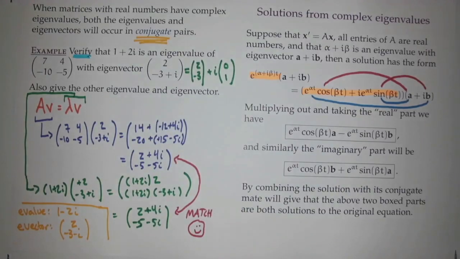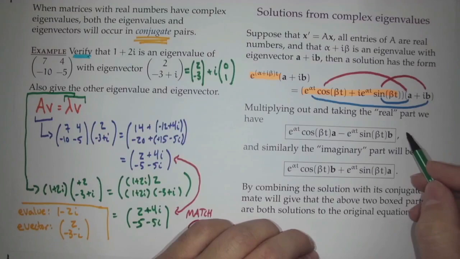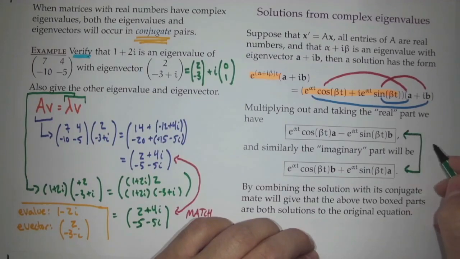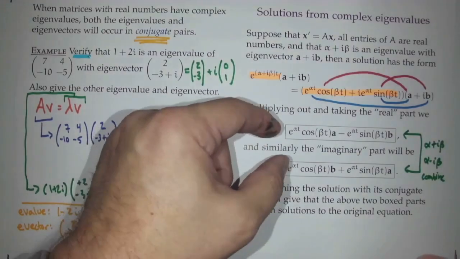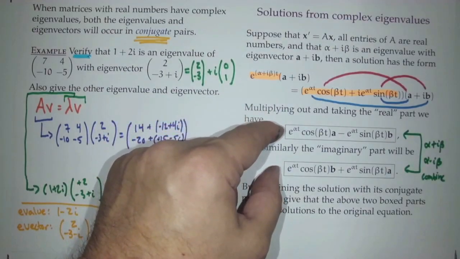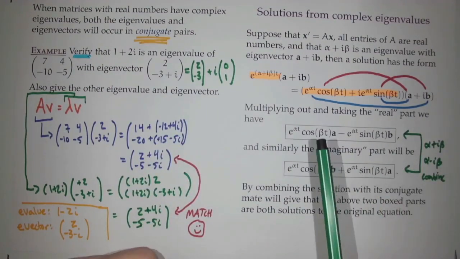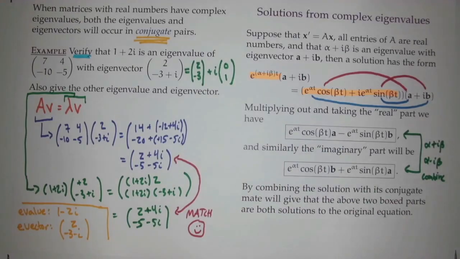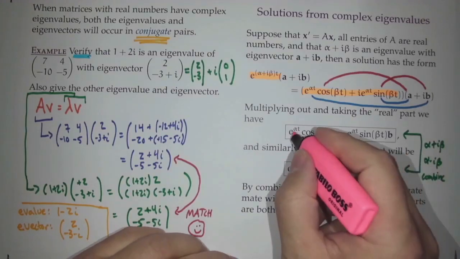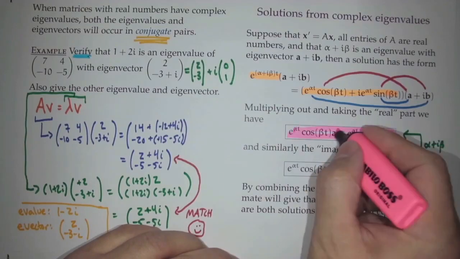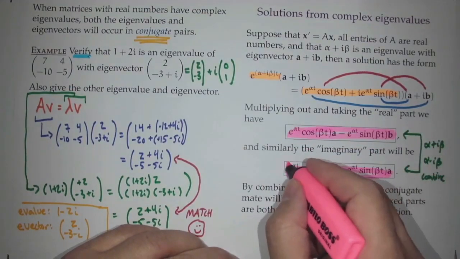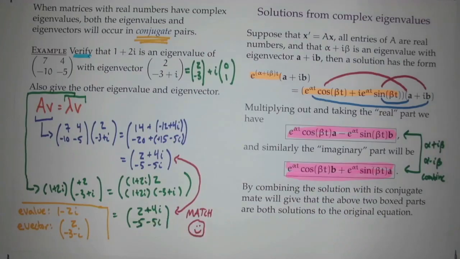And now you say, because I have these two solutions, by working with both of the alpha plus i beta and alpha minus i beta, if we combine those solutions, we see that both of these are themselves solutions. So this is how we go from complex eigenvalues to real functions as solutions. So these are our answers. All right, great. It's a little bit more interesting than what we had before because we also had the eigenvector floating around, but the idea is beautiful.